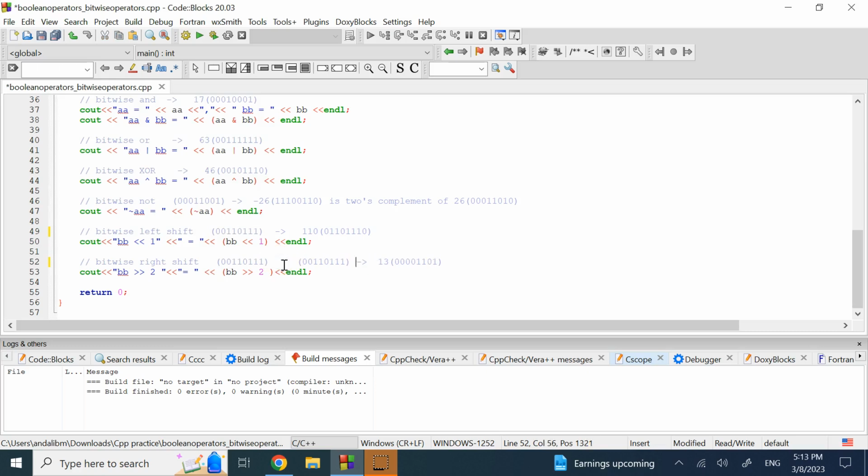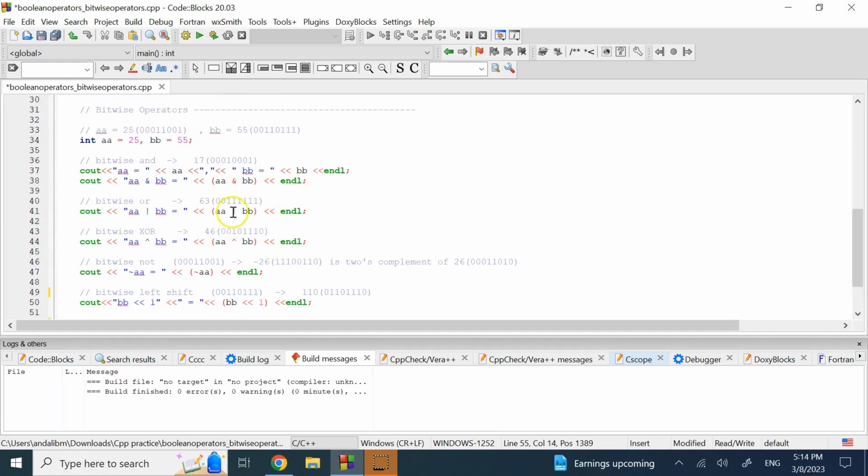These two will go out, and when they're out, it's like they don't exist. Then here you get 2 empty bits, and again, when it's empty, you fill it with 2 zeros, so you get this number, which is 13.